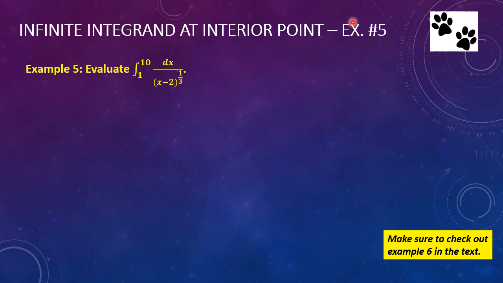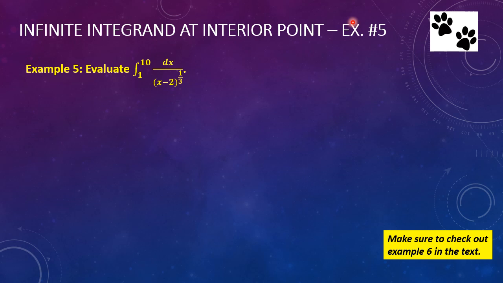So now let's look at example 5, and this is when we have an infinite integrand at some interior point. Let's look at the example. Example 5, evaluate the integral from 1 to 10 of dx over x minus 2 to the 1/3 power.